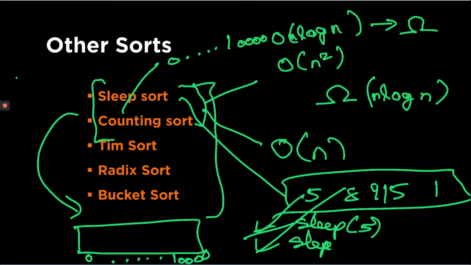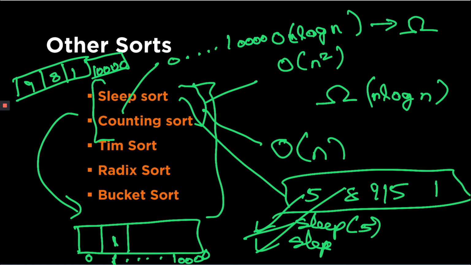If our array looks something like 9, 8, 1, and 10,000, then at the place in the array for each number, we increment the count by 1. So 1 would be 1, 9 and 8 would also be 1, and 10,000 would be 1 as well.